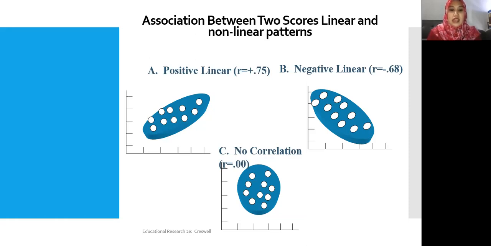Yes. Okay, we have the figure here, association between two scores, linear and non-linear patterns. We have 3 types: positive linear, negative, and no correlation. So here, if the result of R is plus 0.75, okay, it is positive, and then negative and no correlation.